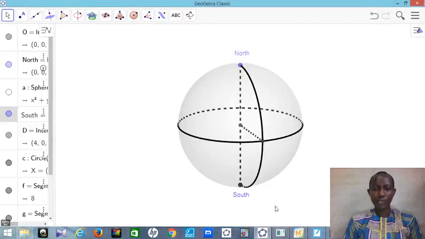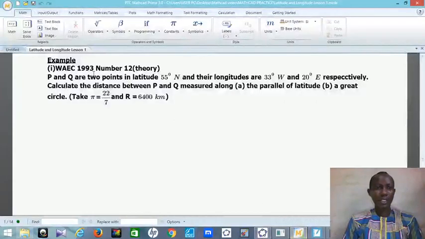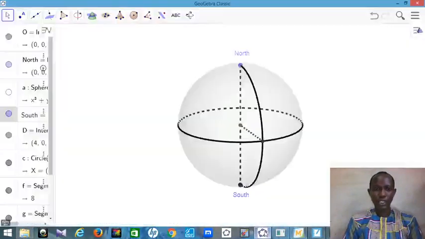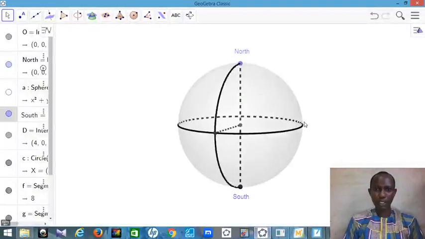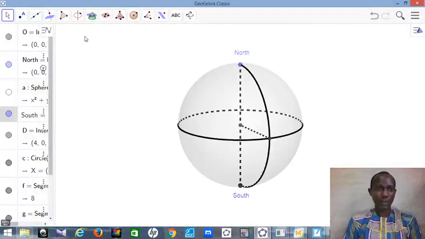Now let's start with what the question wants. The question says P and Q are 2 points in latitude 55° north. So let's locate this 55° north. I want you to see this picture very well. That's why I'm using something like this. I don't want to go straight to the solution because some people may not understand it very well.